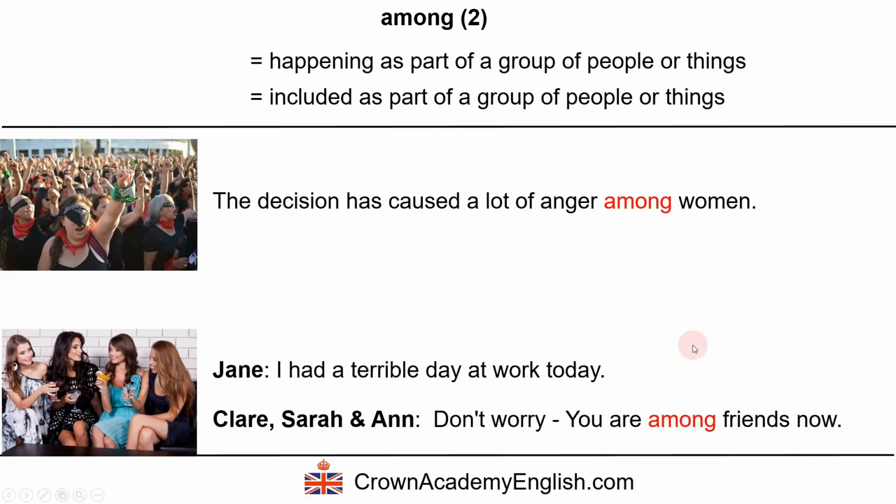If you want to reassure someone or to console someone, to cheer them up, to make them feel a little bit happier, you say, you are among friends now. Don't worry, we are kind, we are nice, we are here to help you.